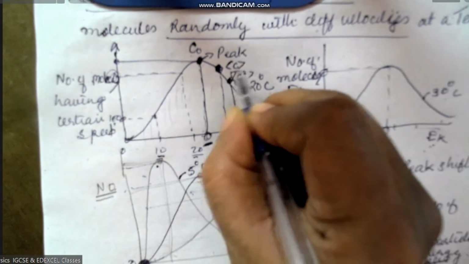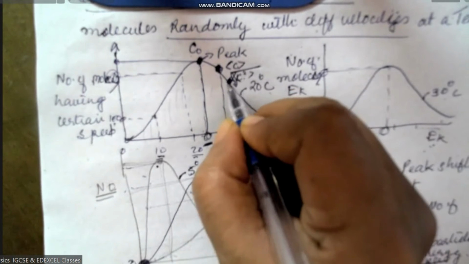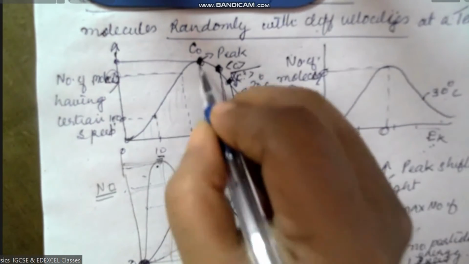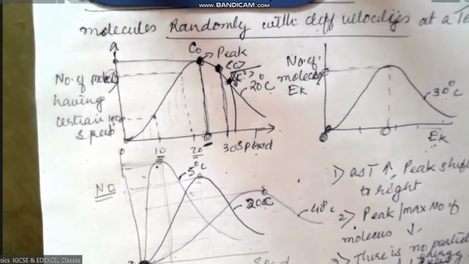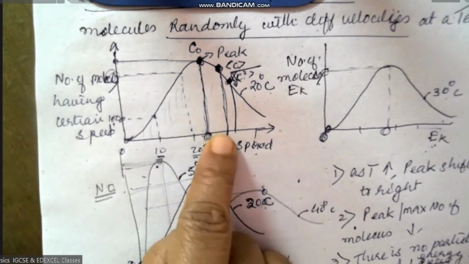Now the RMS speed is slightly to the right of that. So this C square, the RMS speed, will be like this, the square root of the average of the squares. This will be the RMS speed, this will be the mean speed, and this will be the most probable speed.